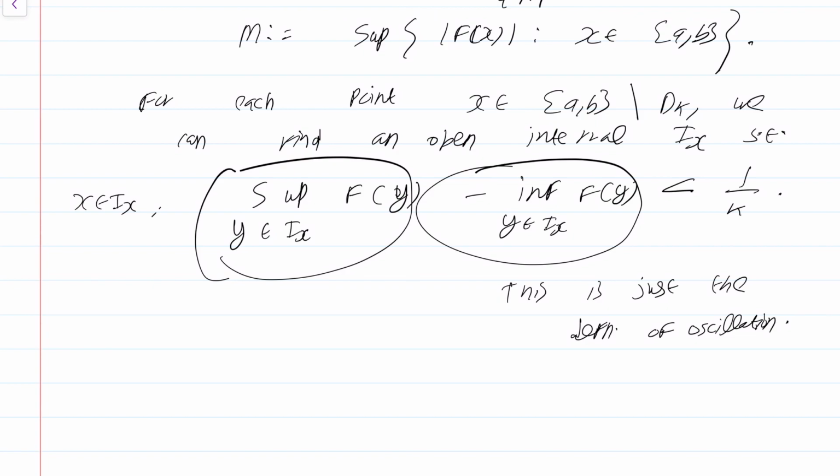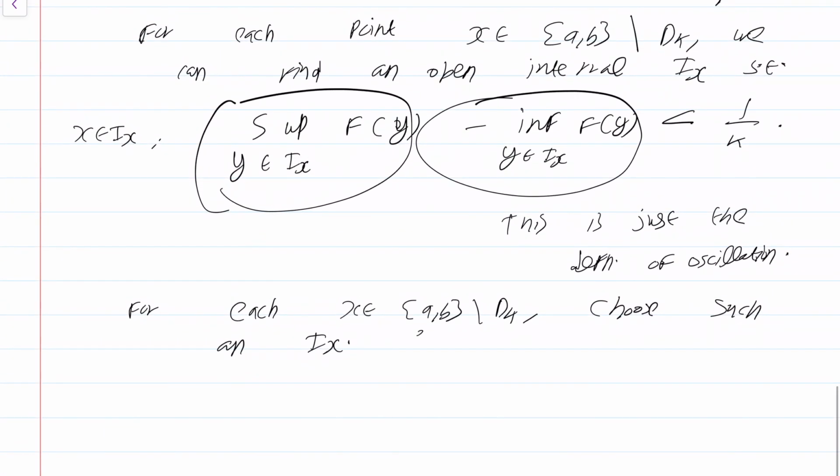Okay. Now we can do this for each point x in [a,b] minus D_k. For each x in [a,b] minus D_k, choose such an I_x.